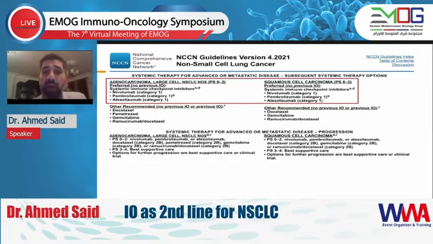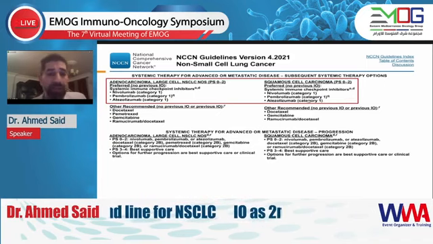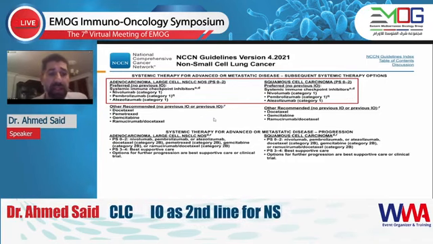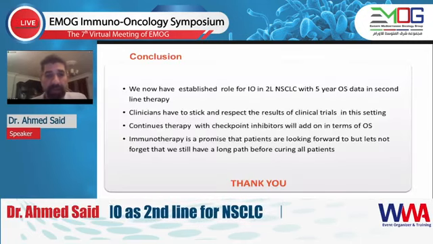For squamous, also Nivo, Pembro, and atezolizumab in the non-IO exposed. We have other recommended regimens for those with no previous or previous exposure: docetaxel, pemetrexed, and ramucirumab with docetaxel.